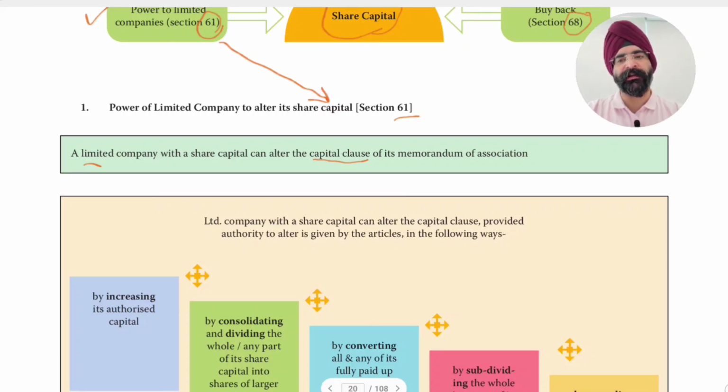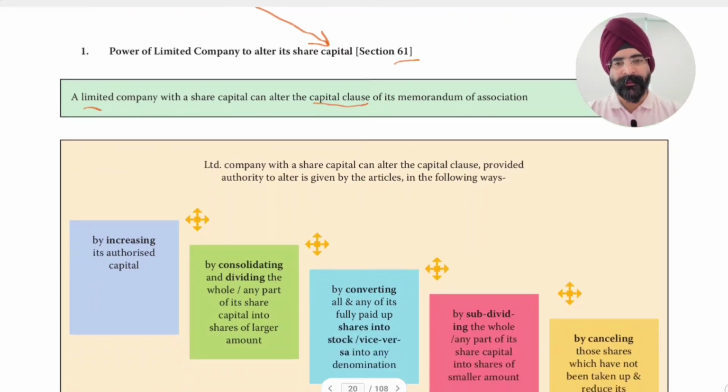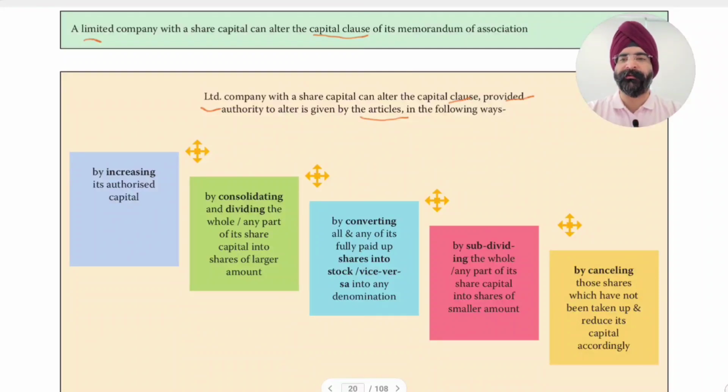This can be altered by a limited company as per section 61, provided the authority to alter is given in the articles of association in the following ways.